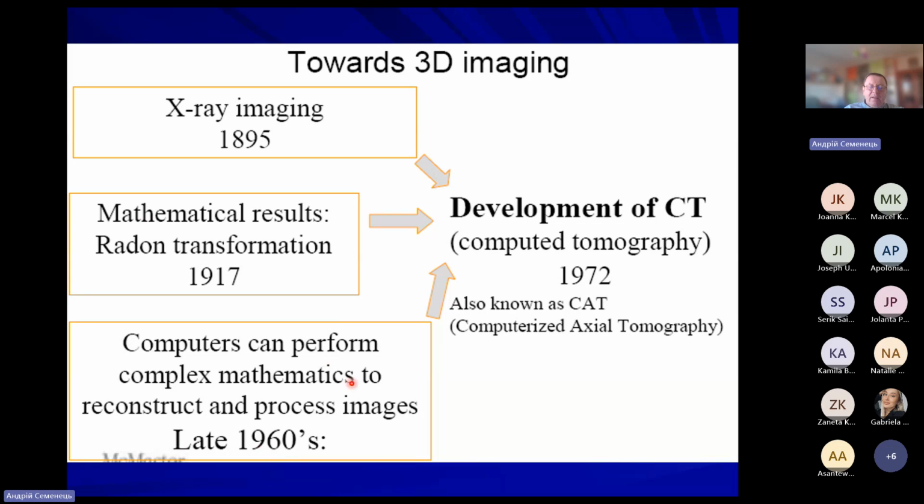And then the achievement in computer development, creating a computer powerful enough to keep at least some fraction of digitized X-ray images, and at the same time capable of executing algorithms which implement not even the Radon transformation itself, but the so-called inverted Radon transformation. And all these things were necessary in order to develop CT.